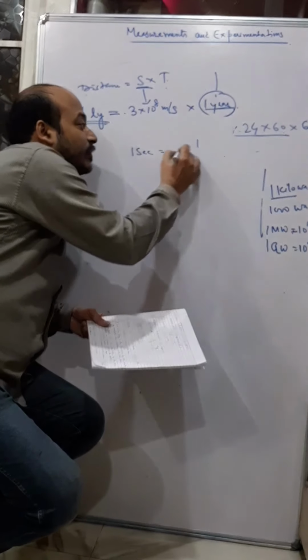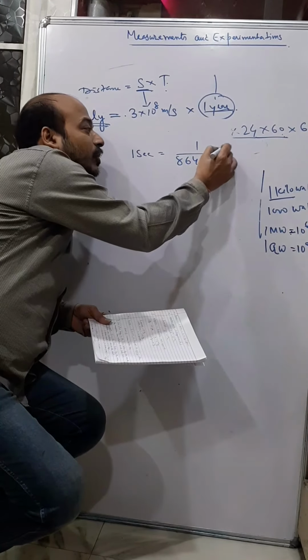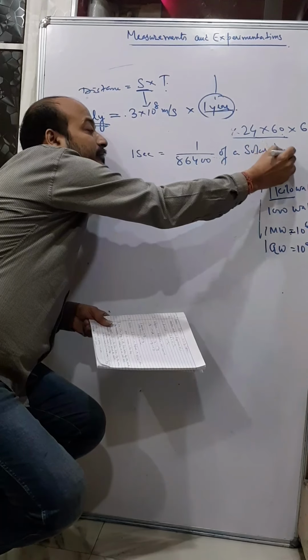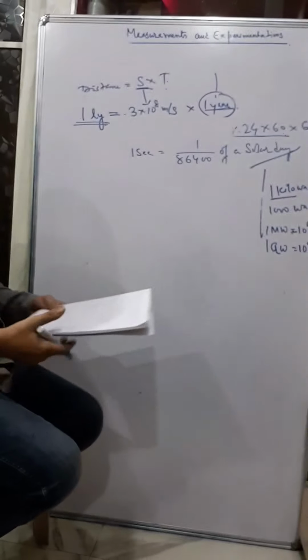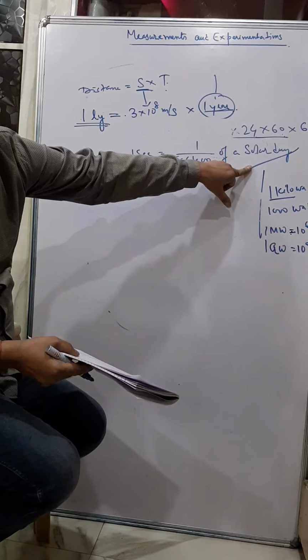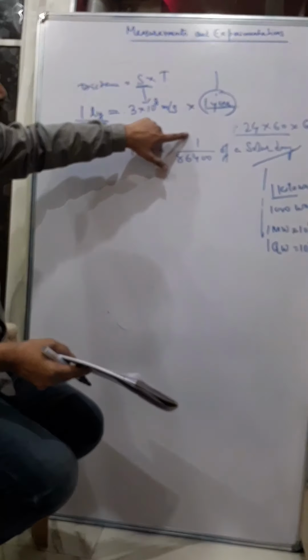It states 1 by 86400 of a solar day. So solar day means the time taken by the sun to complete one rotation. So that's a 24 hour solar day, right?